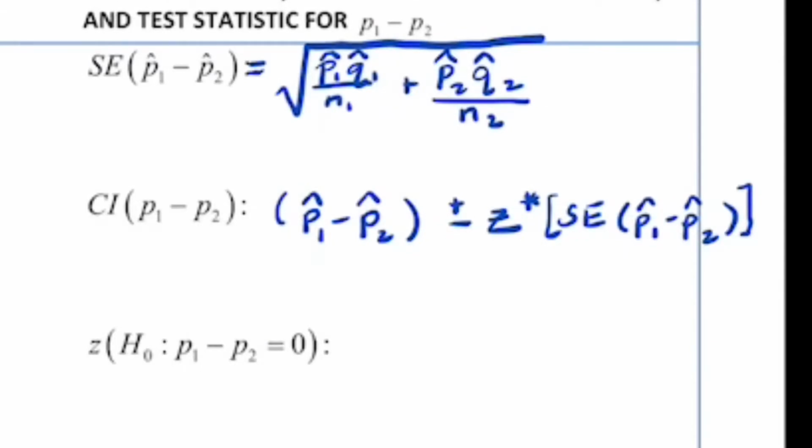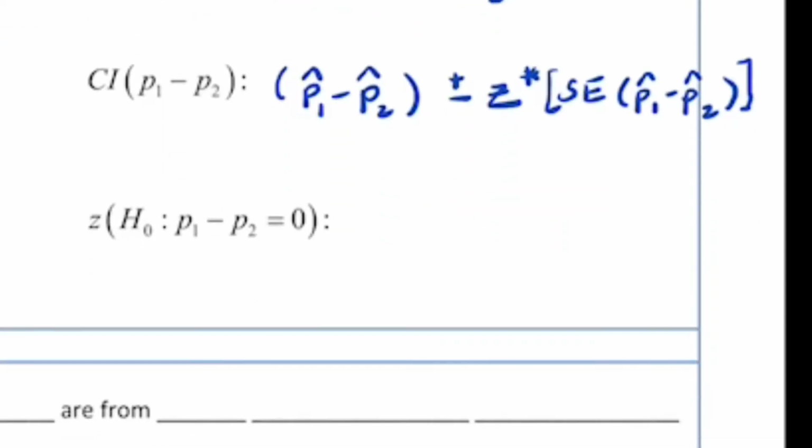And then the Z value for this hypothesis test, P1 minus P2 equal to 0. Now notice that those P's do not have hats. For each of the confidence interval and this test, that's the population proportion they're talking about. So this one is z equal to P hat 1 minus P hat 2 minus 0.